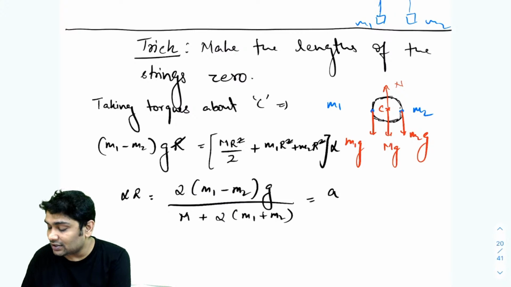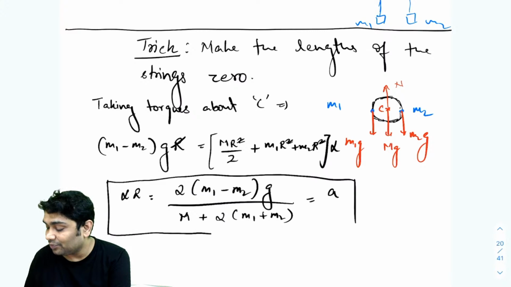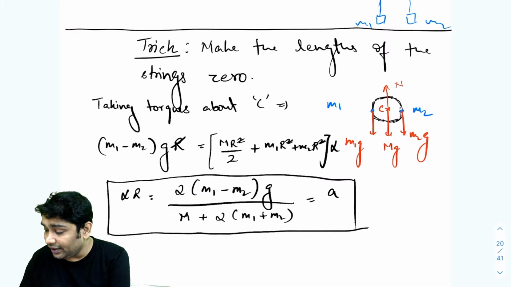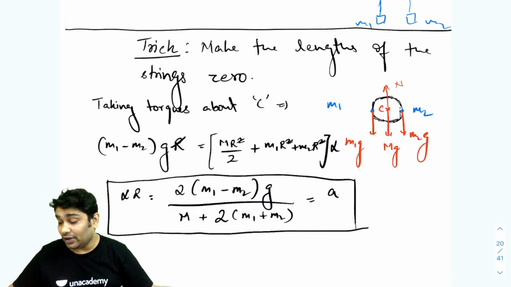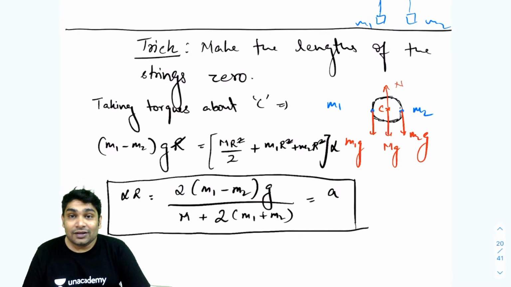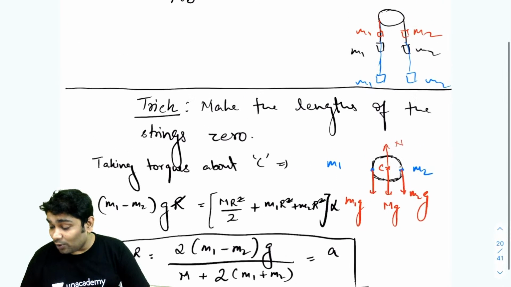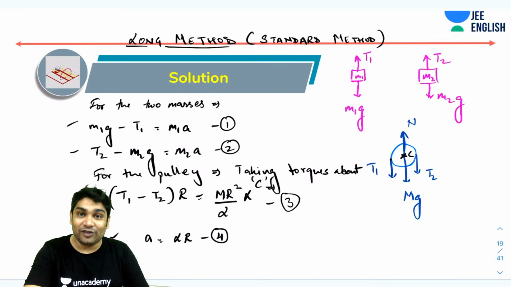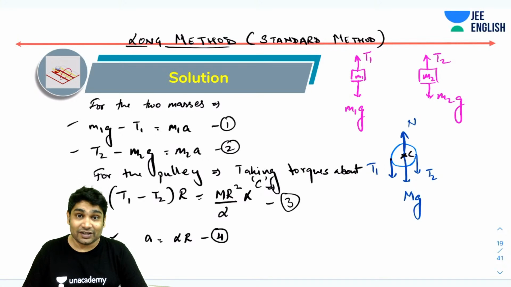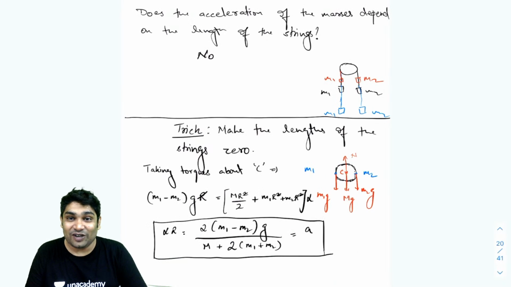So this is how I get the quickest answer. I only have to make one FBD, write one equation and solve this. Now you can definitely go back to the previous page and solve all these four equations and confirm whether the expression that you get after solving them is the same as the one that we are getting here.